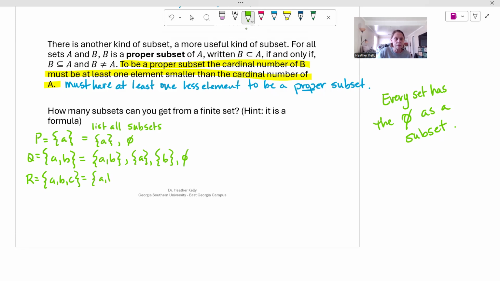We've got A, B, C. I always start with that one. Then I'm going to go for the 2-element subsets, because there's only one 3-element subset, which is the same set.